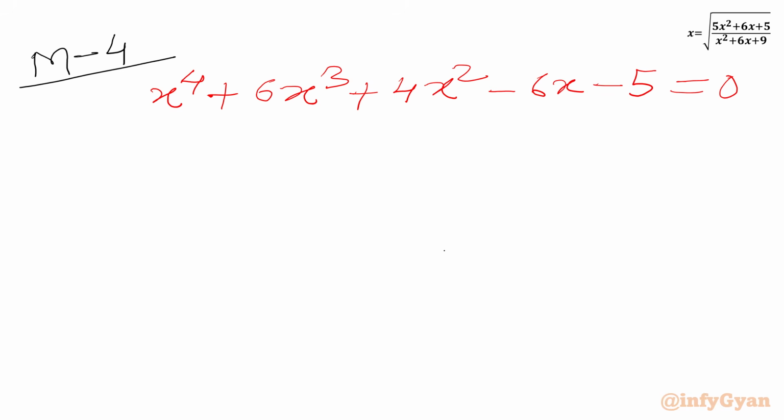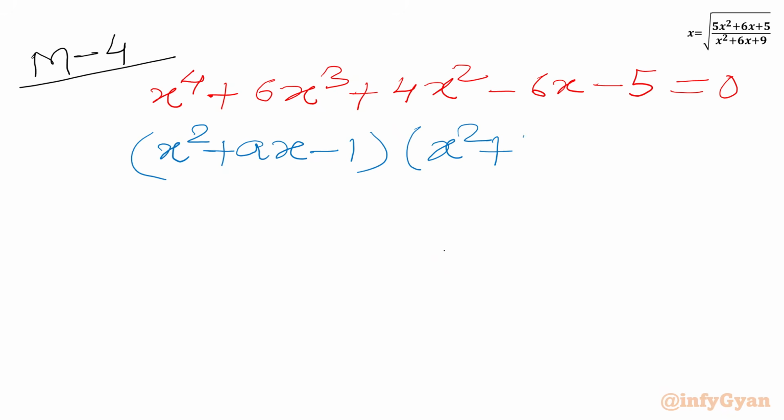Now we will take up method number 4. Here we have to write our quadratic equation in terms of product of two quadratics. So we can write this quadratic equation (x square plus ax minus 1) times (x square plus bx plus 5).